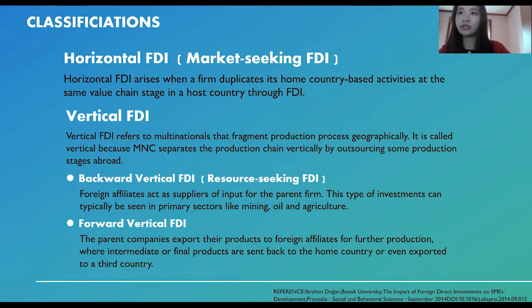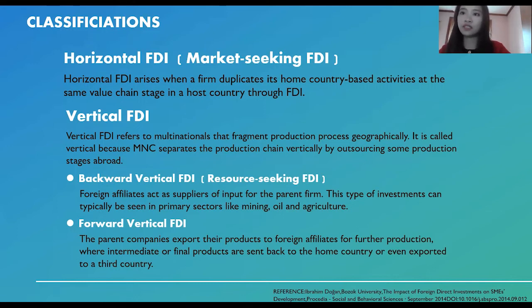The basic idea behind the analysis of vertical FDI is that a production process consists of multiple stages with different input requirements. If input prices vary across different countries, it becomes profitable for the firm to split the production chain.